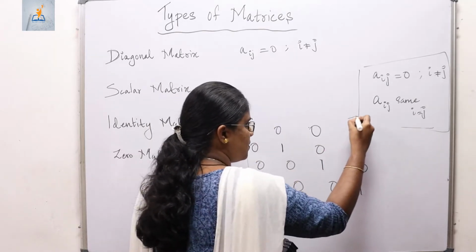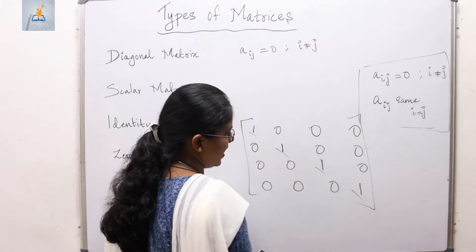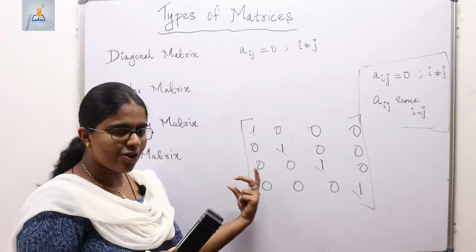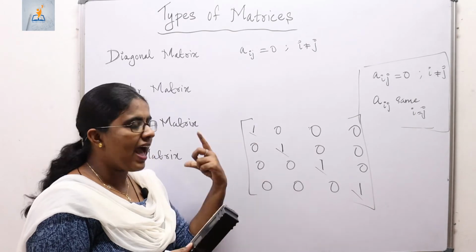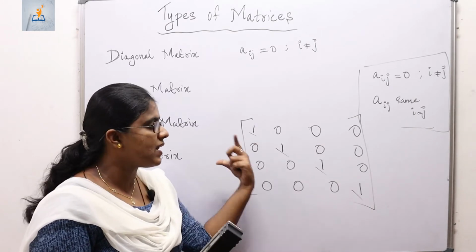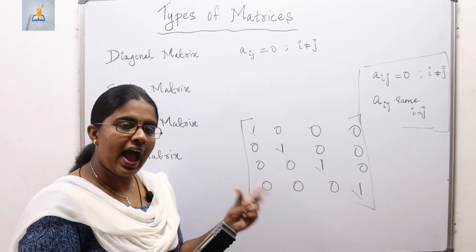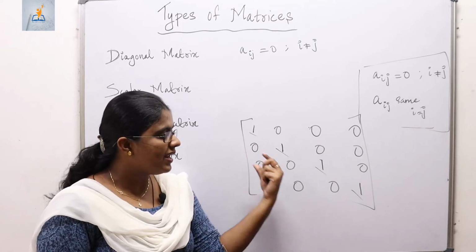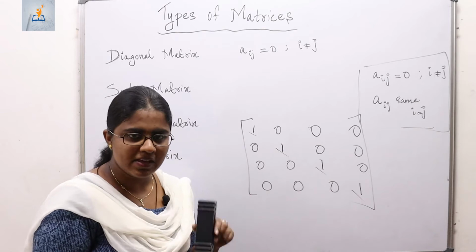So look at this particular matrix. We have the diagonal elements 1 and the non-diagonal elements 0. So this is also a diagonal matrix. This is also a scalar matrix, and a scalar matrix whose diagonal elements are 1 is called an identity matrix.